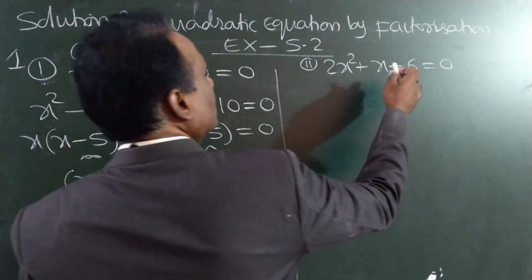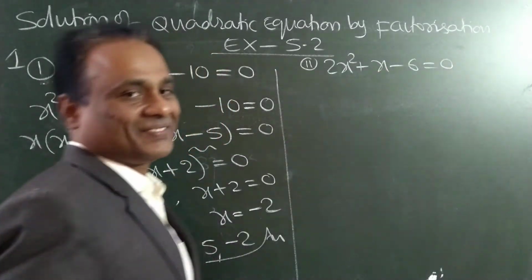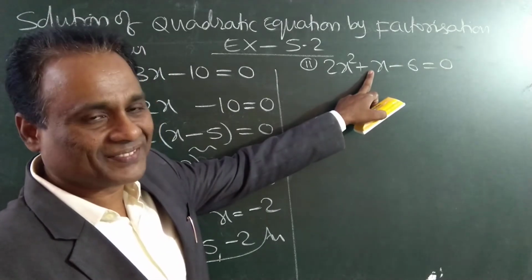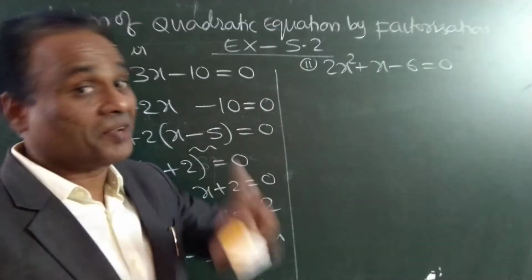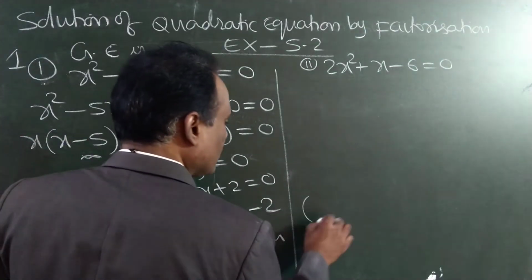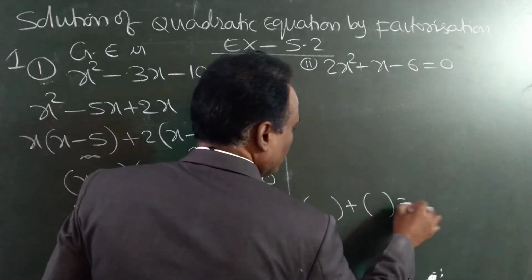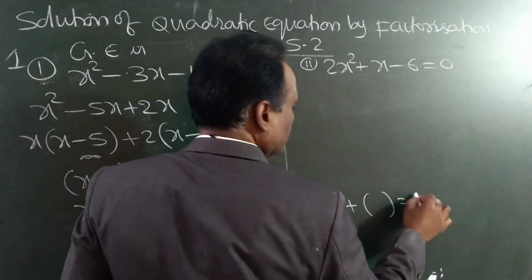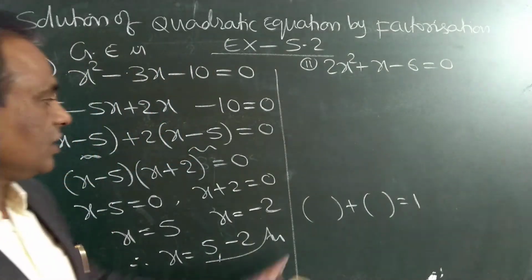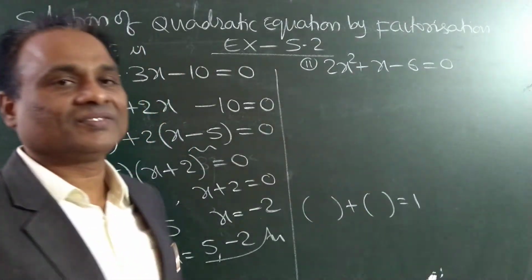Students, what is the x coefficient? It is 1, this is 1x. You tell me 2 numbers. The sum should be 1, if I add, I have to get 1.